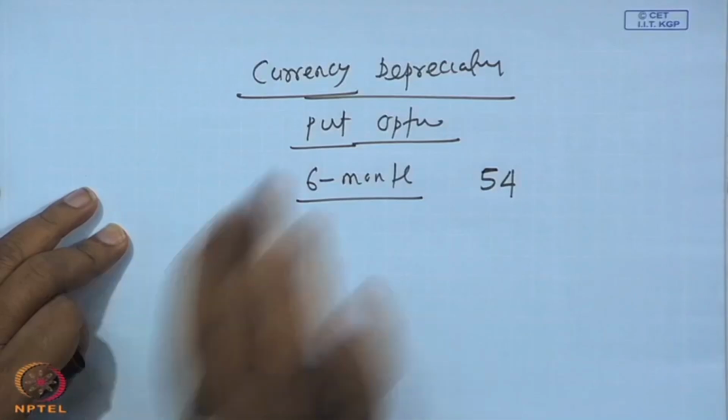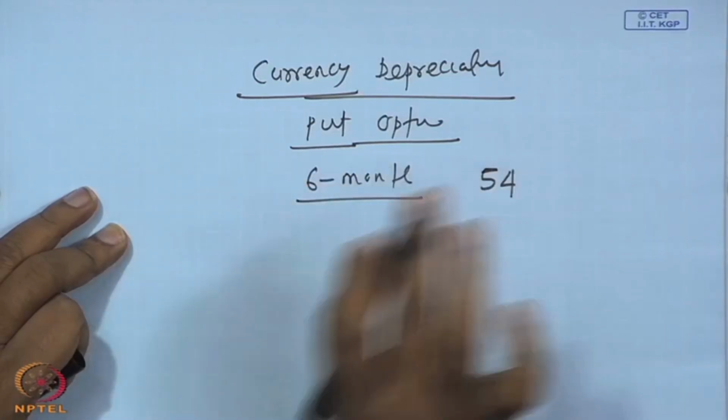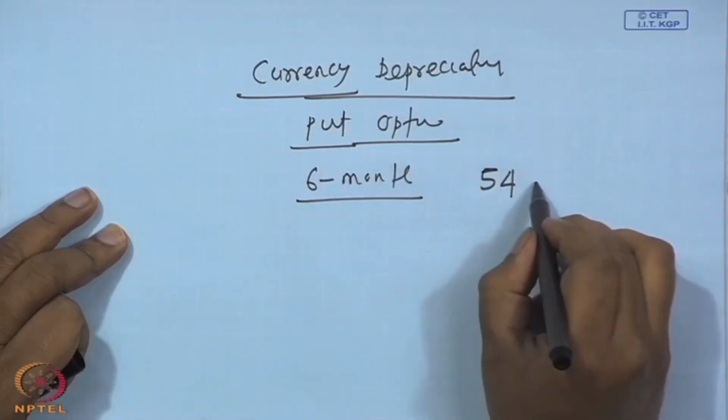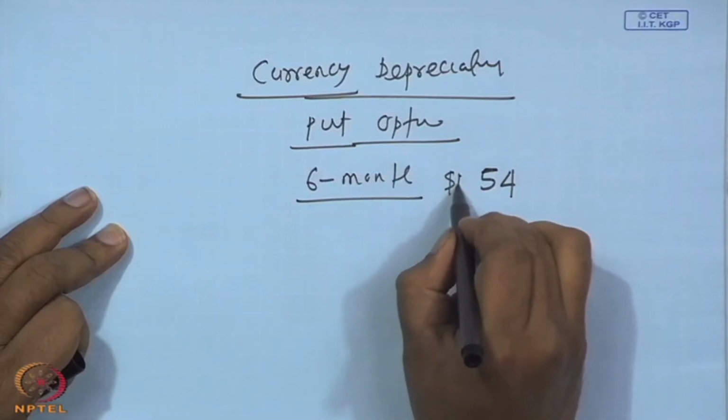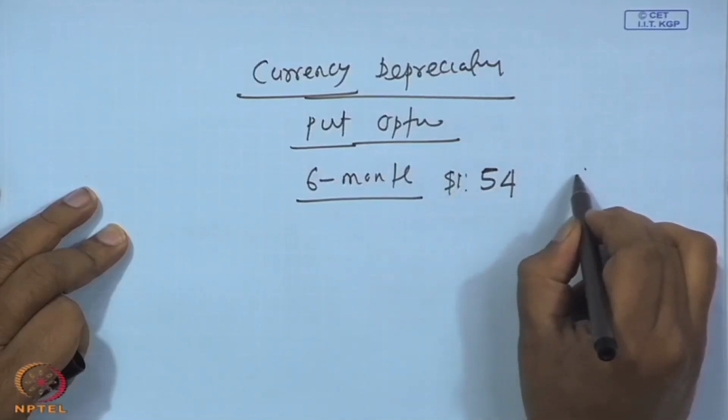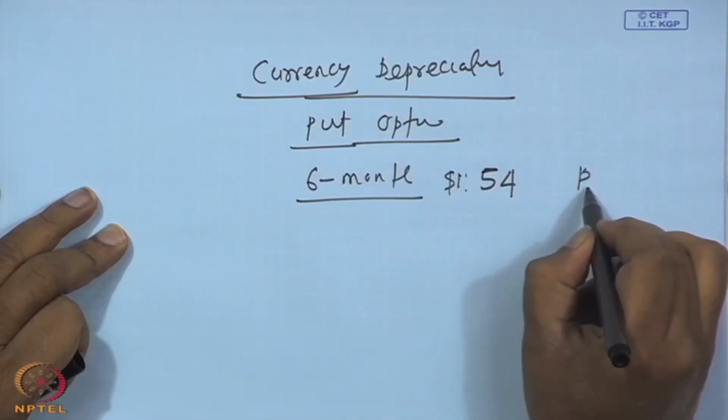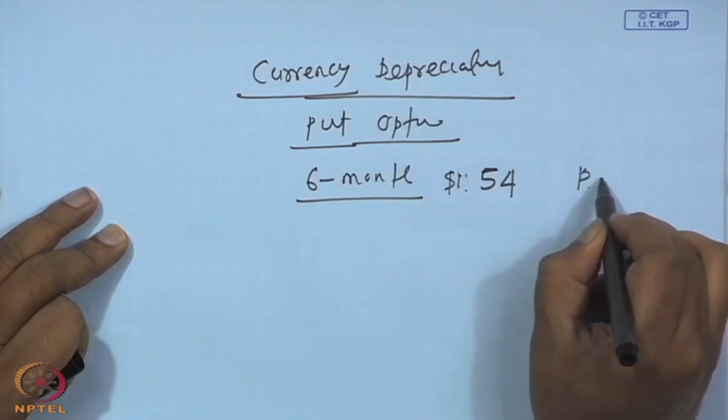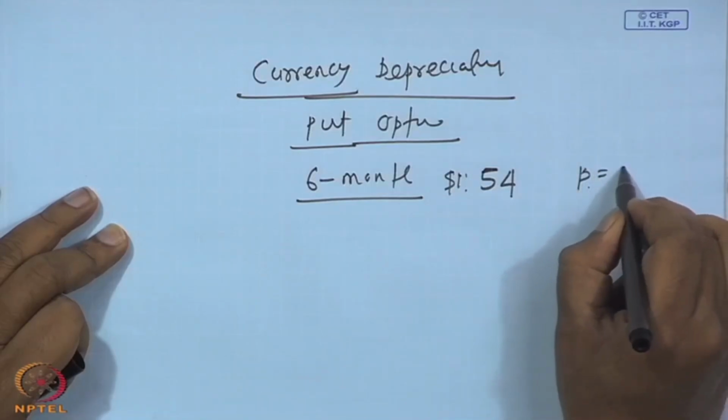When I want to sell my dollar, I will get 54 rupees per dollar, and for this he charged a put option premium, P, of 1 rupee per option.